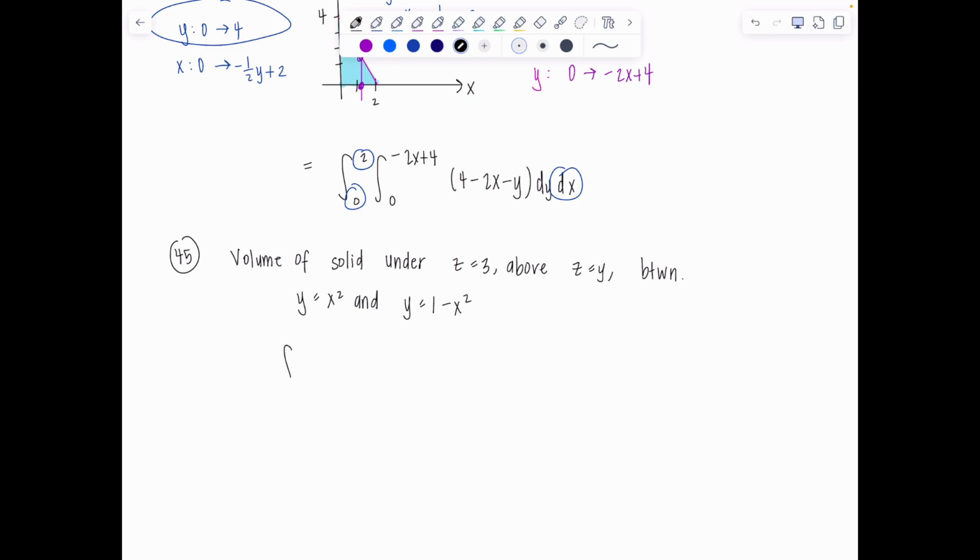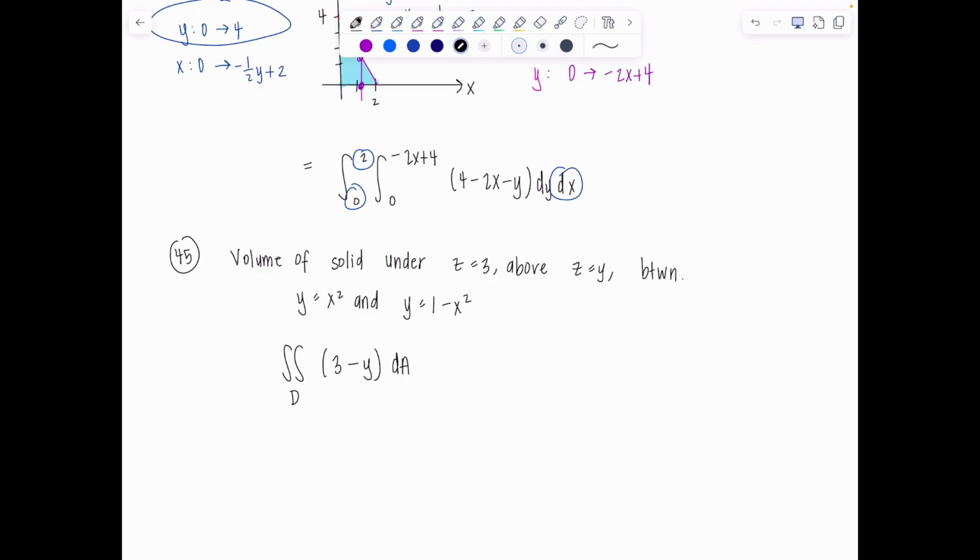So you're basically going to have the double integral over D. Top function is 3, bottom function is y dA. So it's just up to us now to figure out what D looks like, how do we describe it, how do we bound it. Does that make sense so far? Okay. Now, this one's 45. Let me see how much I graphed. I just graphed the base region, okay? So let's just graph the base region.